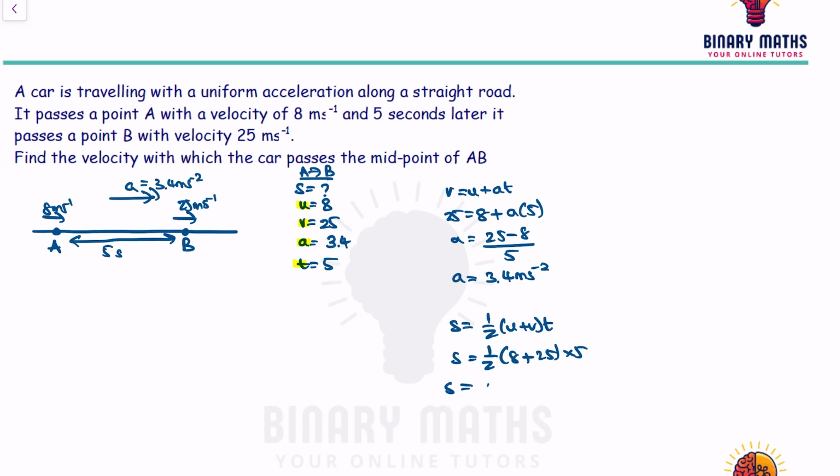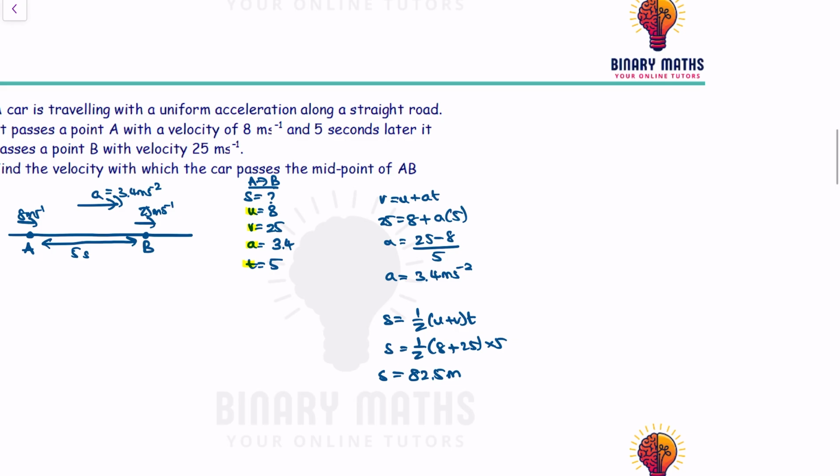S is equal to 82.5 meters. So the distance from A to B is 82.5, and the distance to the midpoint must be half of that, which is 41.25 meters.